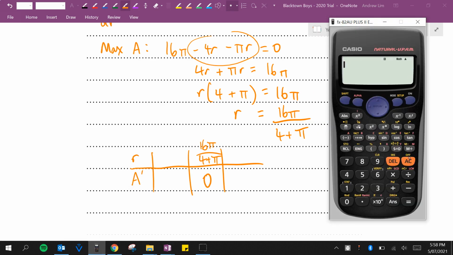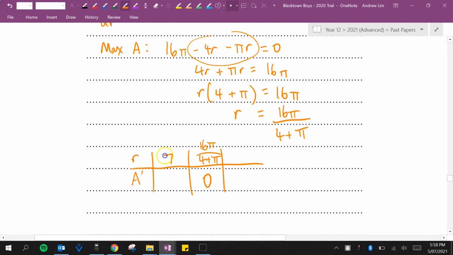Now, I'm just going to put this back into my normal mode, degree mode. So we have 16 pi over 4 plus pi. That's approximately equal to 7.038. So I'm just going to make this less than that and more than that. So just say 7 and 8 for the radius.